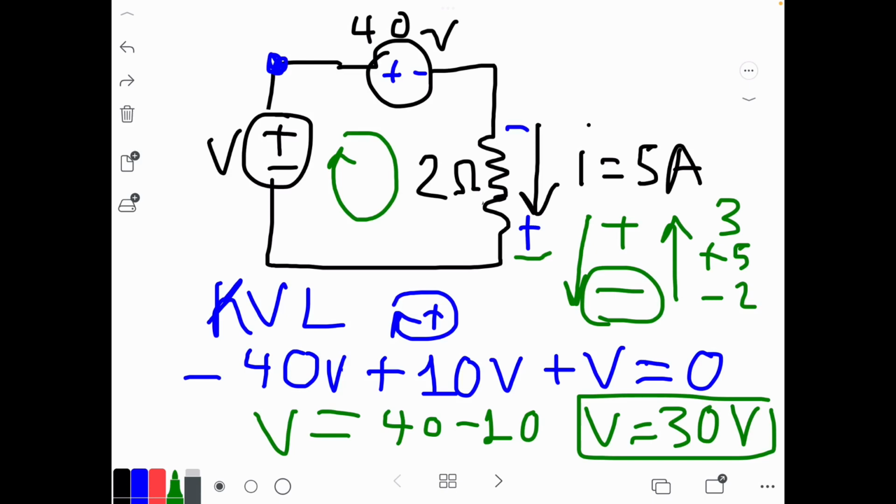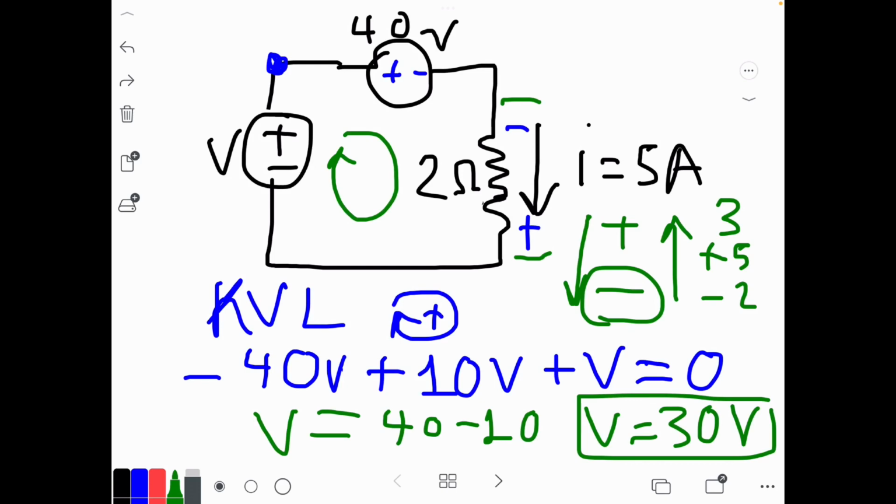So positive is at the end, and negative should be at the top. Therefore, as before, we're going from negative to positive. So we're going to have plus 10 volts, 2 ohms times 5 amps. We have 10 volts because we are going from negative to positive, and our current and resistor value are also positive.